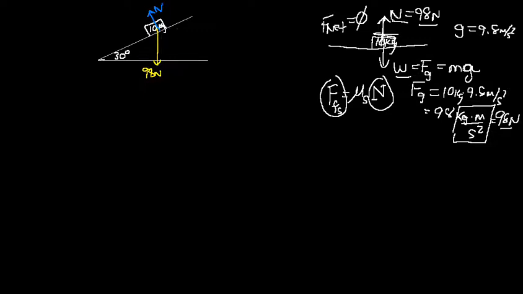So the object's here on an inclined plane this way, and the normal force is going to be upward, shown in blue. And then we have a force of friction, and if the object wants to go down the hill, then the force of friction, which I'm going to put in red, is going to be up the hill. So those are our three forces, and that's our free body diagram.